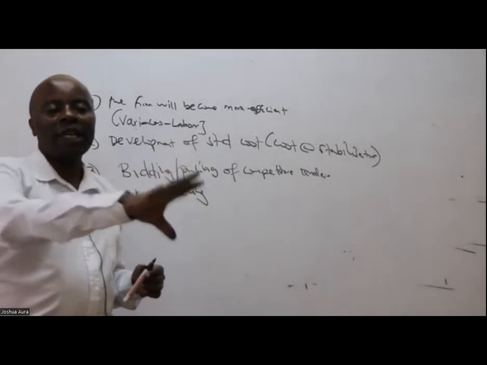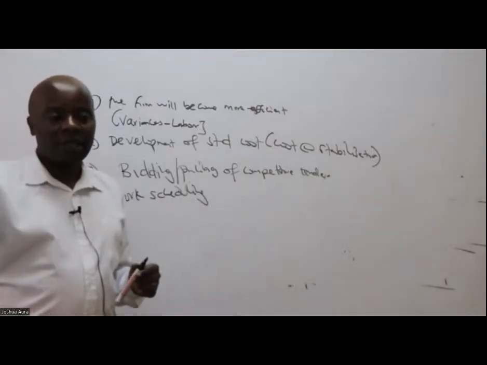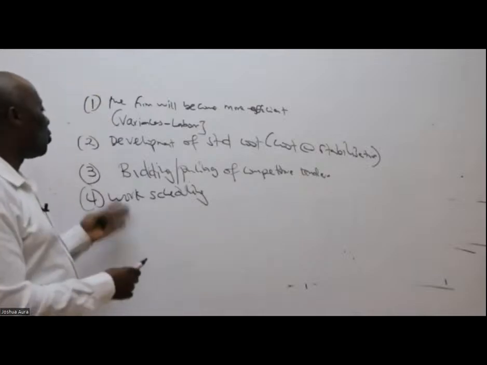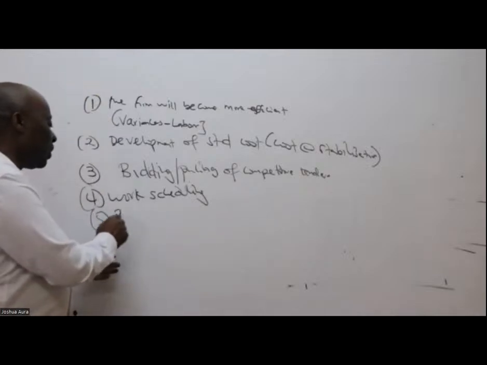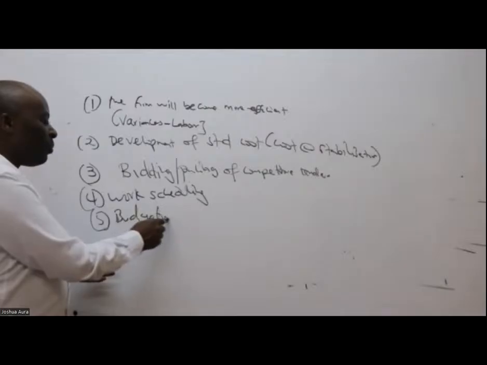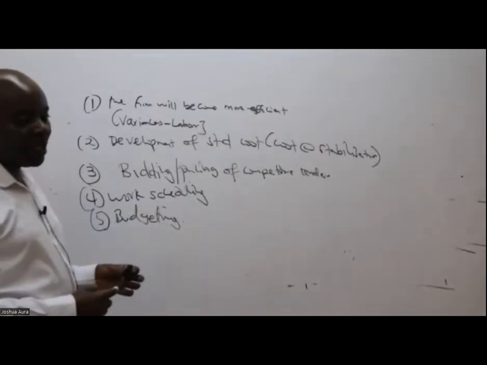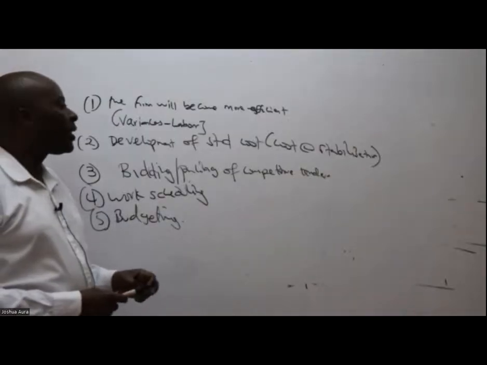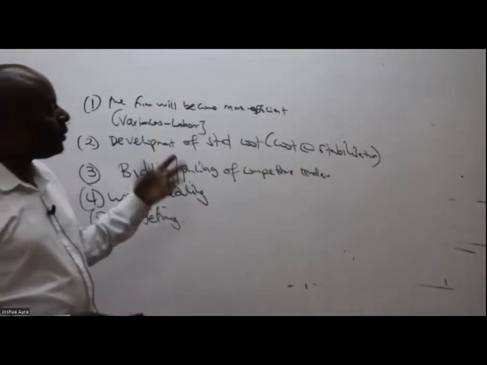Let me schedule like this. Let me schedule it like that. So it will be very important. It's also used, of course, for what here? For budgeting. You can also put this as an independent point, budgeting, etc. And then these things keep on repeating themselves.